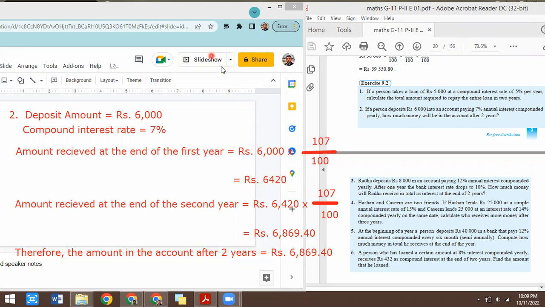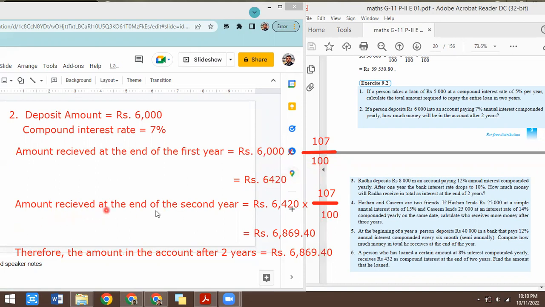You can also calculate only the interest that you get for the first year. So 6,000 multiplied by 7 over 100, that gives you only the interest. And then you can add it with the principal amount and then get the balance at the end of the first year. So that way also you can show your workings, but this way it will give you the amount directly.